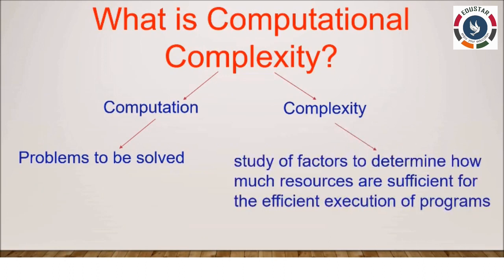See, the execution should be efficient. It means we should get the proper result through the proper use of resources. If the program is developed in such a way that more resources are needed or a lot of time is needed for the execution of the particular program, then the program is not effective.